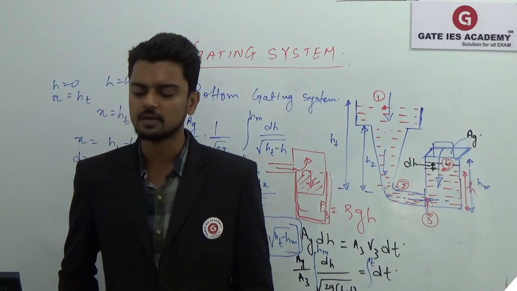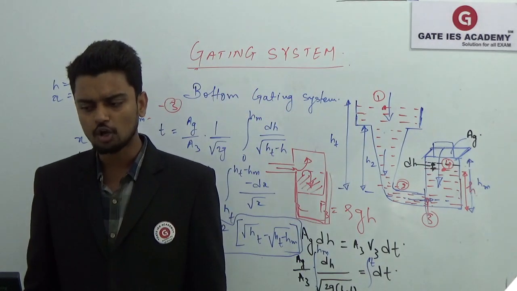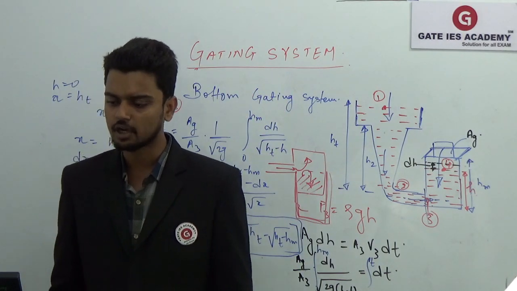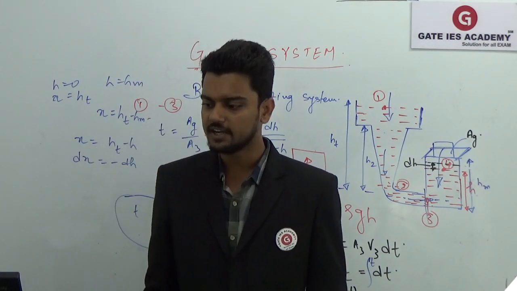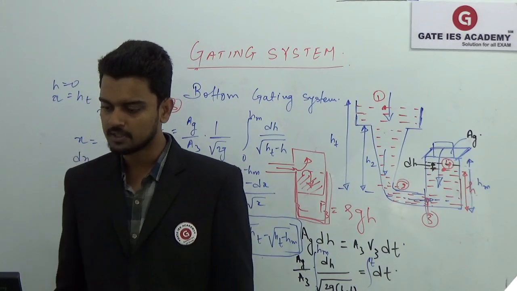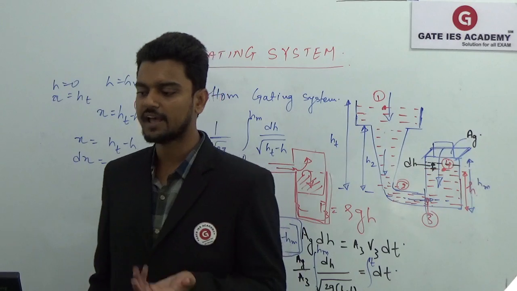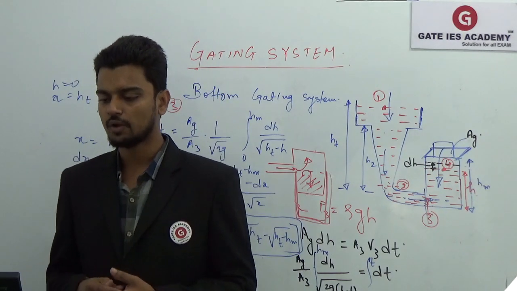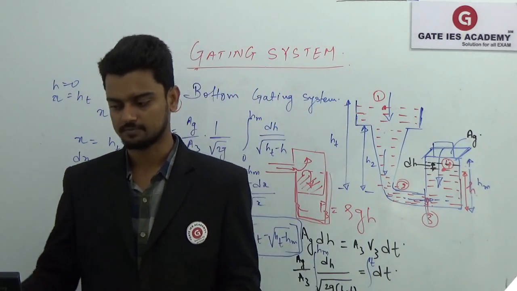In the top gating system, we saw mold erosion and turbulence, so we'll match top gate with turbulence. Bottom gate, unfavorable temperature gradient, so option 4. Then parting gate is most widely used and economical, so option 2. And step gate is used for large and heavy casting.